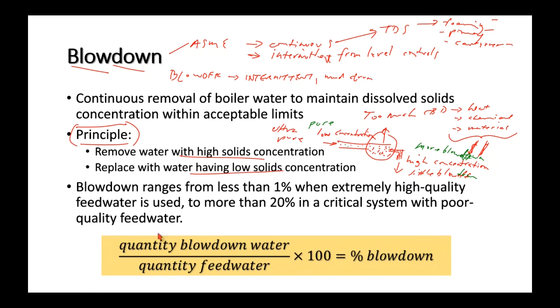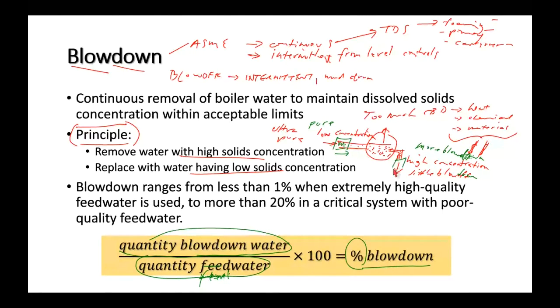So we can then determine the percent blowdown based upon the quantity of blowdown water and divide that by the quantity of, probably should say makeup water, or you can say feed water, I guess. Yeah, let's say feed water, that's a better way of looking at it. So ignore my thing there. So we can put a meter here, and we can meter the feed water in.